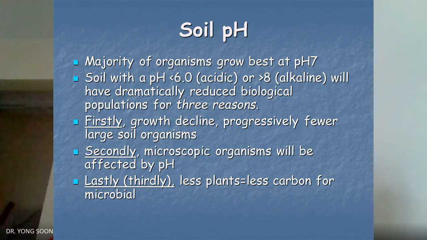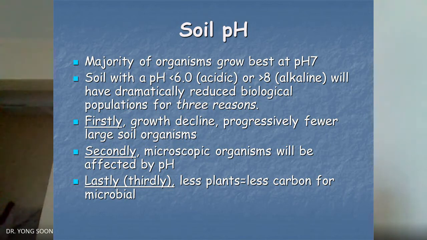Fungus thrive and live better in acidic conditions compared to bacteria. But of course, you can say that the majority of organisms, bacteria, are happy at pH 7, because at this pH they are neither too acidic nor too alkaline. So not much irritation on their skin, and not much effect on the availability of the nutrient.